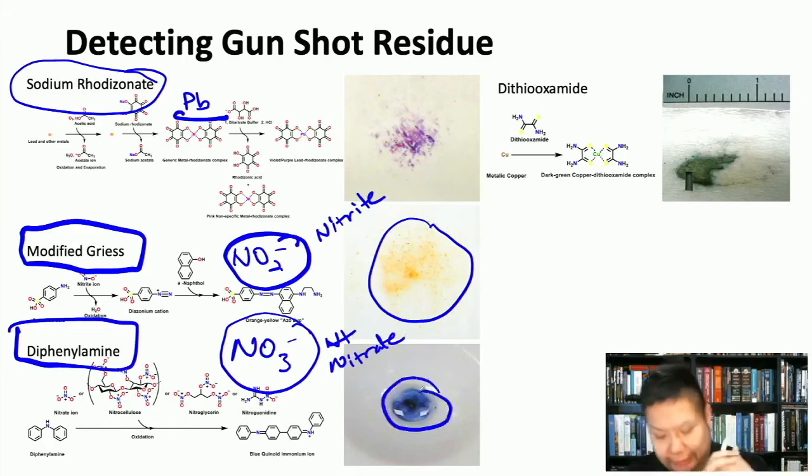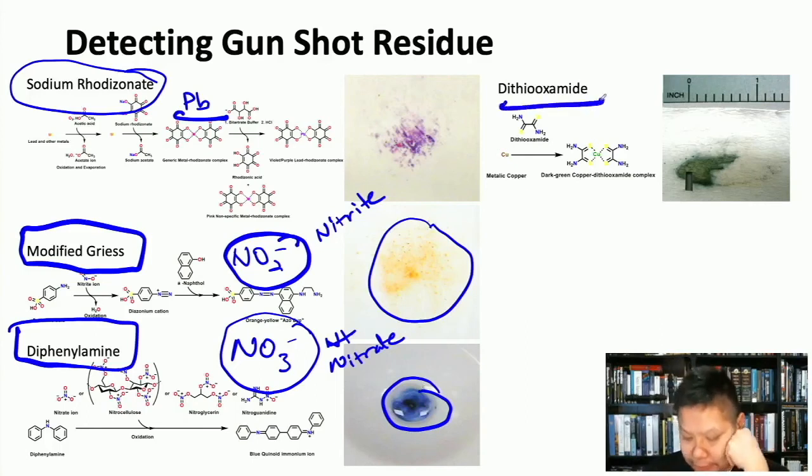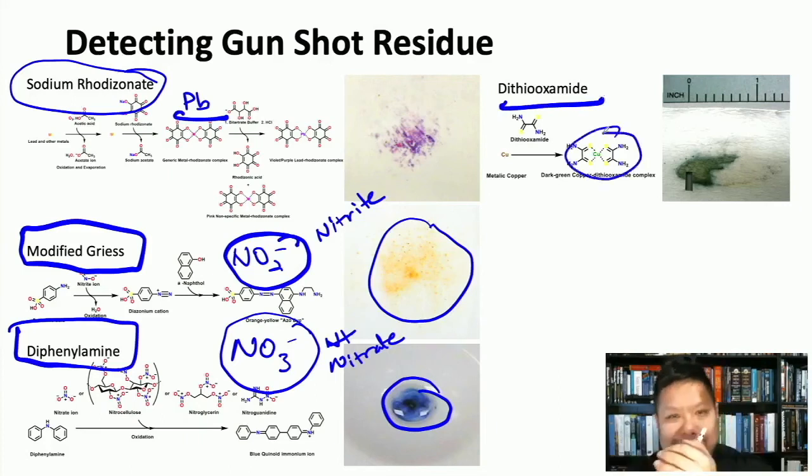So there's another way to detect whether or not there was gunshot residue present on the victim when they were shot. And then over here we actually have another molecule called dithiooxamide, right? What it does is that it will combine with copper and turn green. Why do we need to detect copper?